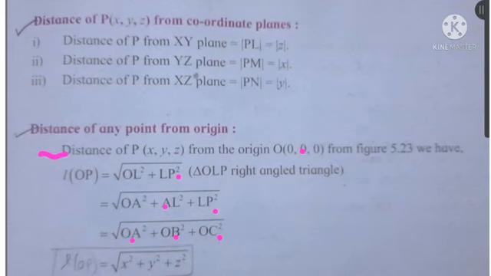So we get distance OP as root x square plus y square plus z square. In this way we can find length OP. Okay, understand student up to this?